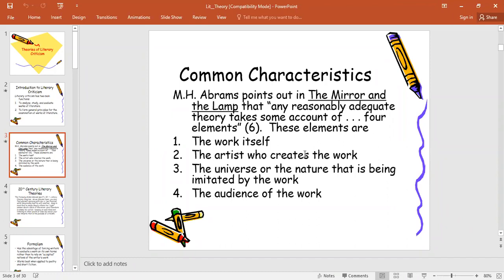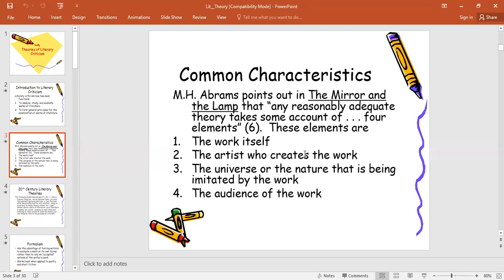And number two, the artist who creates the work. Now you will also have to take the artist into consideration. And number three is the universe or the nature that is being imitated by the work. Certainly, there are certain things which are imitated in the work of art.